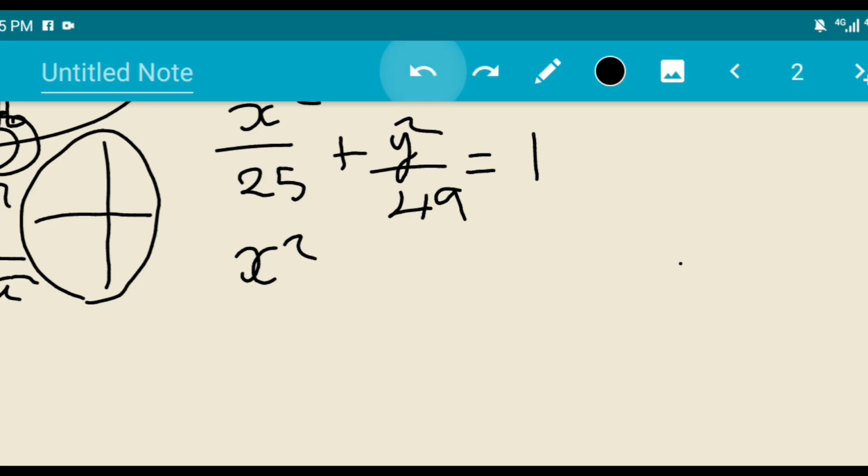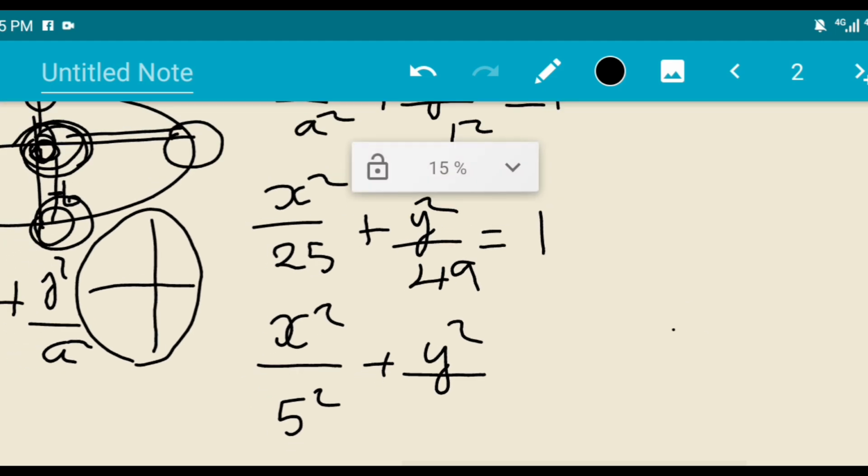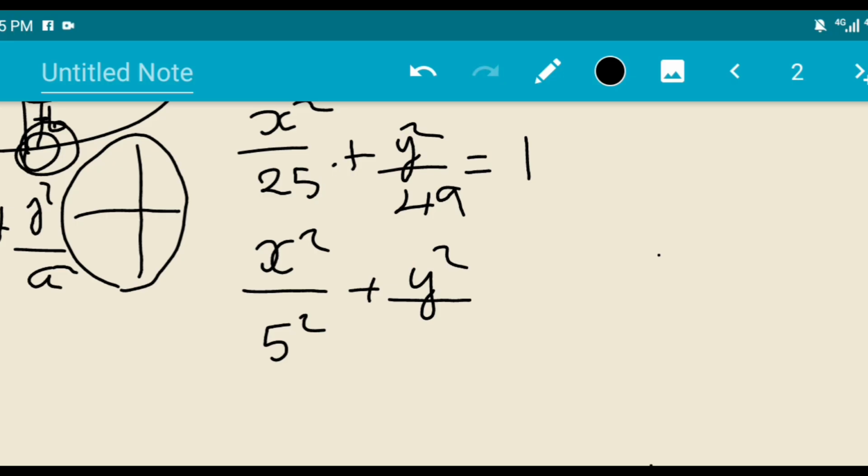So our answer here is going to be 5 squared plus y squared over, we do the same thing here, because according to our equation, this at the bottom is going to be raised to the power 2. But you shouldn't just add a 2 here and there. It is going to be wrong. We need to maintain what we have, but write it in a way that gives us a squared and a 1 here. So here what are we going to have? It is 7 squared.